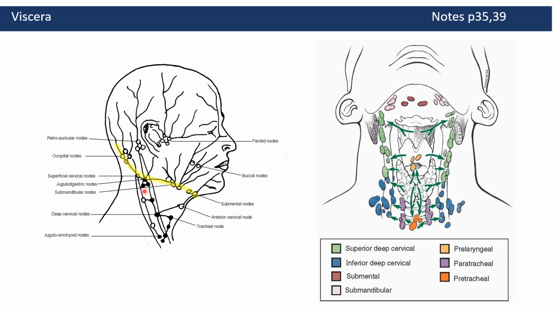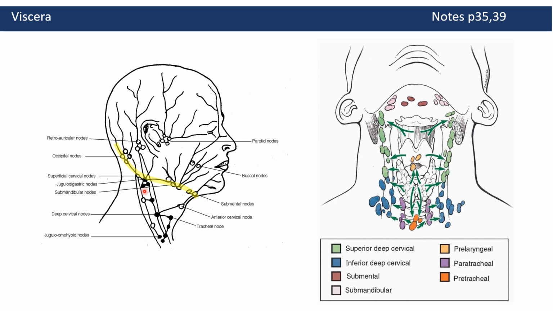Regardless, the lymph drainage ends up going towards the deep cervical lymph nodes, which I've told you are associated with the internal jugular vein. So the superficial lymph nodes are associated with the external jugular vein, as opposed to the deep cervical lymph nodes associated with the internal jugular vein.